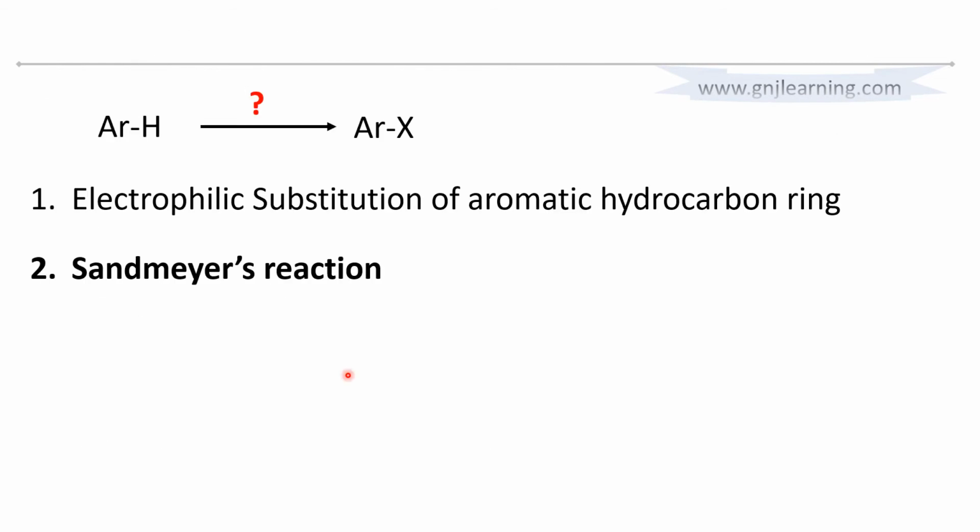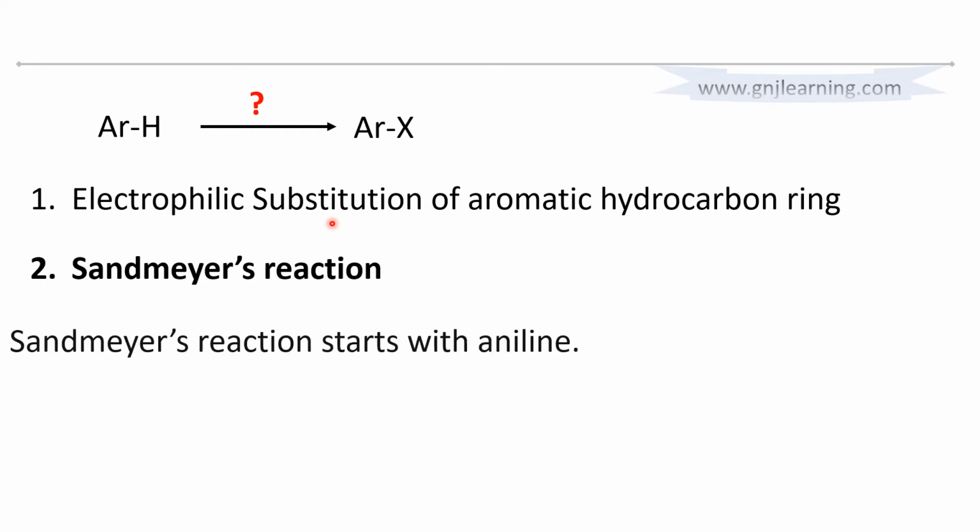So the first thing is over, electrophilic substitution of aromatics. We have seen this electrophilic substitution for benzene as well as for toluene. Next, what we are going to see is Sandmeyer's reaction. Sandmeyer's reaction starts with aniline. The original Sandmeyer's reaction starts with aniline, but aniline is not an aromatic hydrocarbon, isn't it?